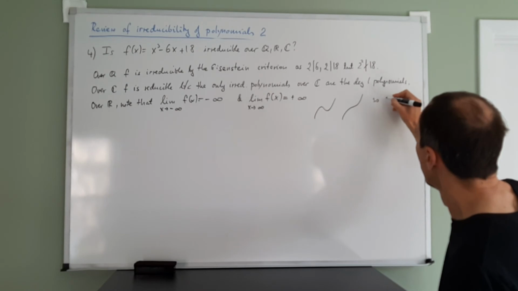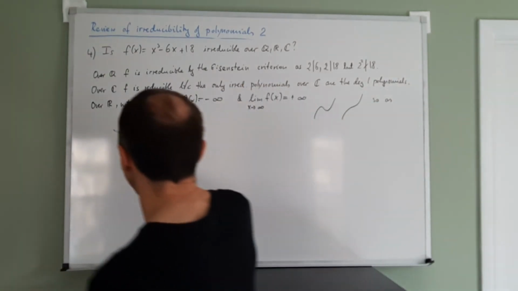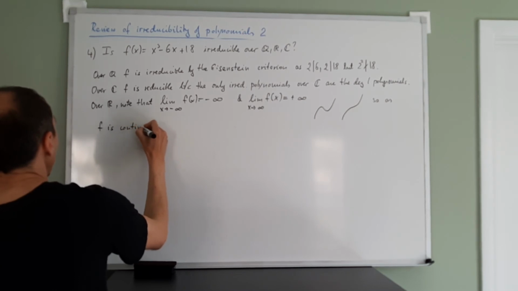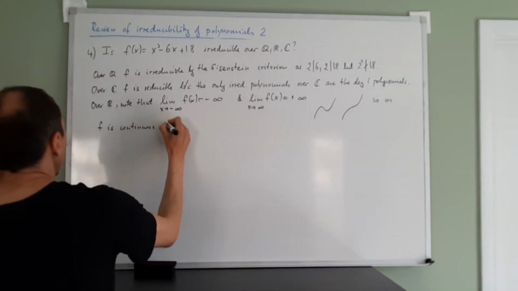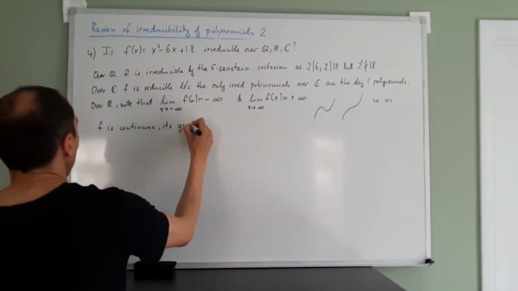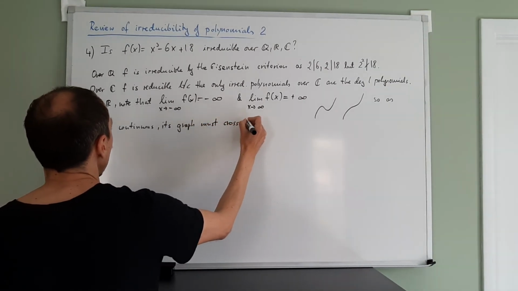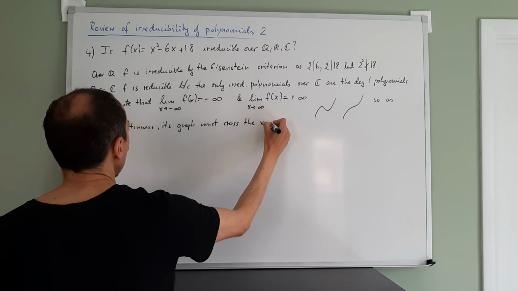So, as f is continuous, its graph must cross the x-axis.